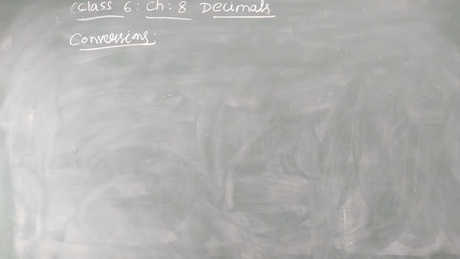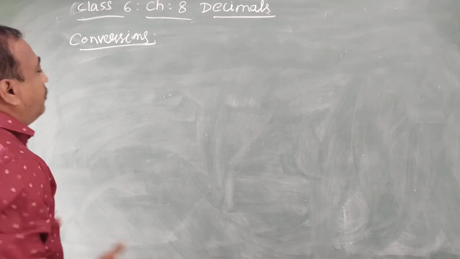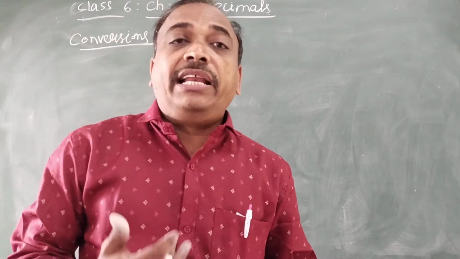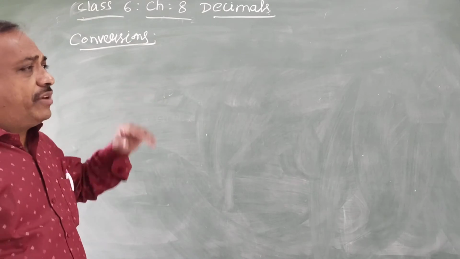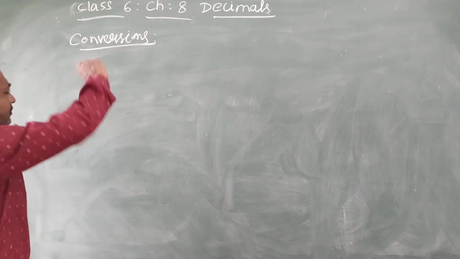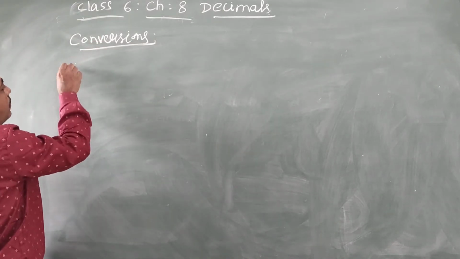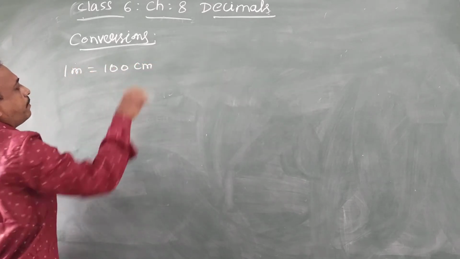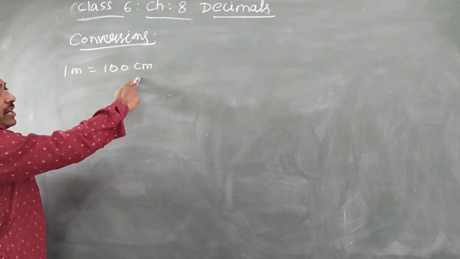Let us see conversions. In daily life, where decimals are used, in which form we are using them. So conversions: 1 meter is equal to 100 centimeters. Bigger quantity and smaller quantity.